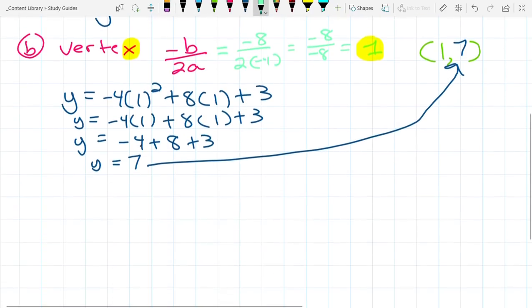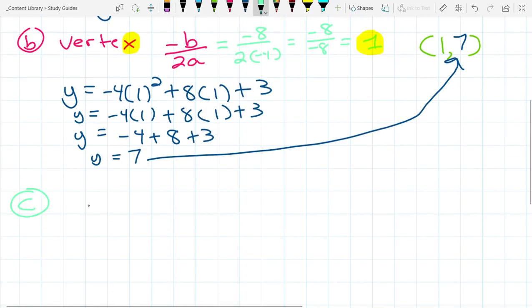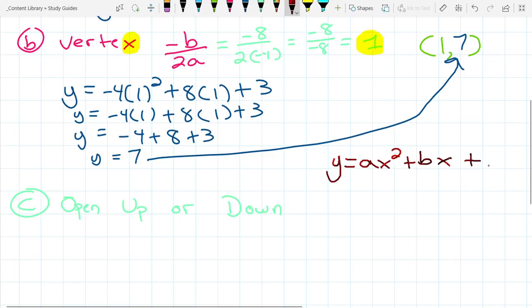Then part C wants to know, does it open up or down? And remember, this all comes from the a value. When you're in standard form, y equals ax squared plus bx plus c, the a number is going to decide the direction.